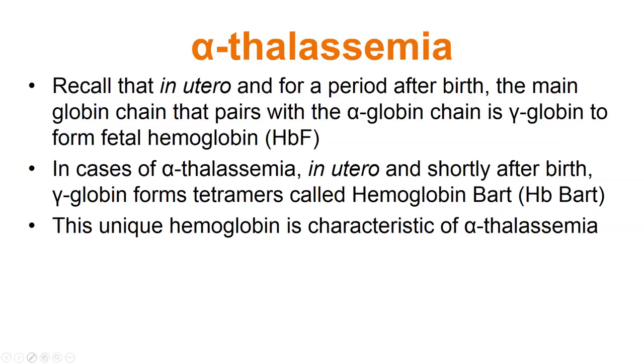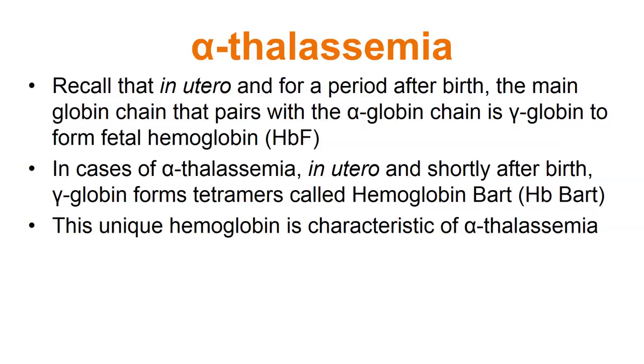So we talked a little bit about fetal hemoglobin earlier. In fetal hemoglobin, you have that gamma globin chain substituting for the beta globin. What you'll see in patients with alpha thalassemia is this gamma globin, in utero or shortly after birth while it's still present, will accumulate as a tetramer called hemoglobin Bart's.